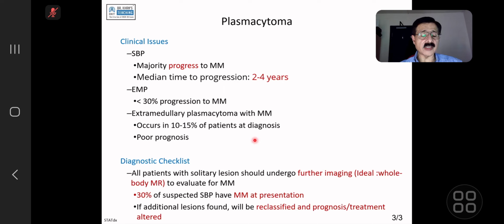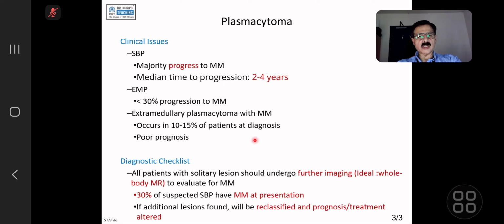Similarly, if it is a metastasis, of course, you will do more imaging to rule out multiple skeletal metastases. The practical point is that the diagnosis of plasmacytoma is based on histology or biopsy.